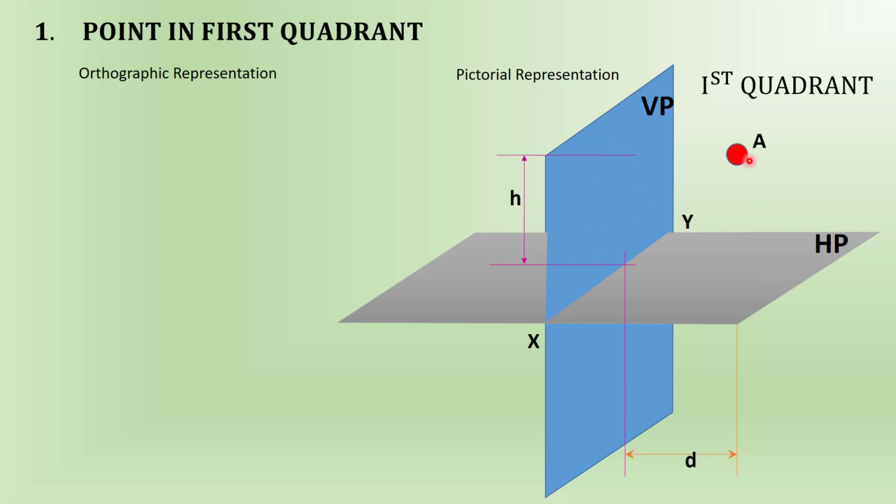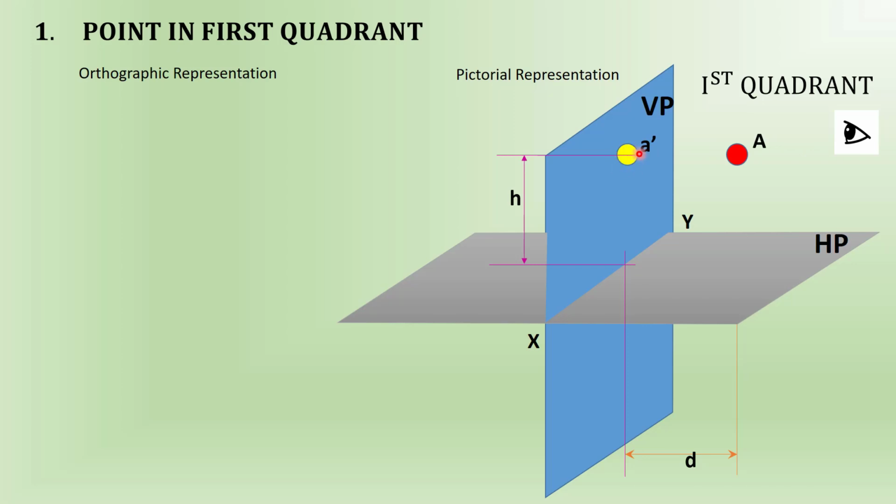Okay, now we need to get the image of this original point on the vertical plane as well as on the horizontal plane. In order to obtain the image, we will look at the original point from the front. That view is known as the front view, and the image of that point will be obtained on the vertical plane somewhere here.